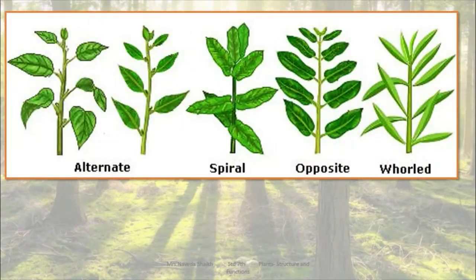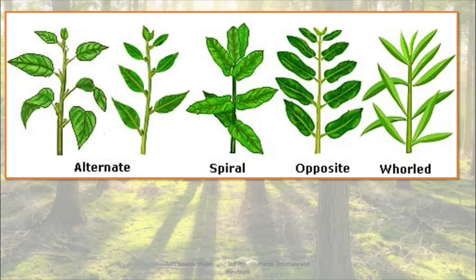Now, based on the arrangement of the leaf on the stem: we have learned that the stem has nodes and internodes, right? And from the nodes, you must have noticed the leaves arise. In some plants, at one node, only one leaf is there. In some plants, on one node, there are many leaves coming out.